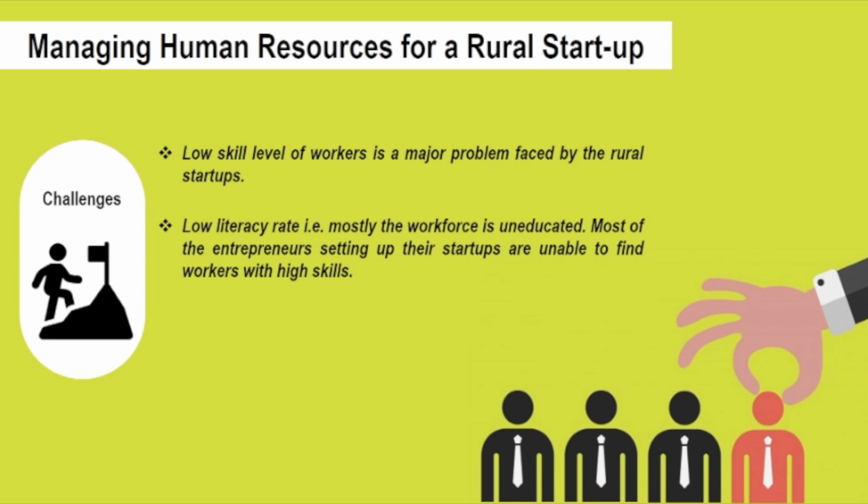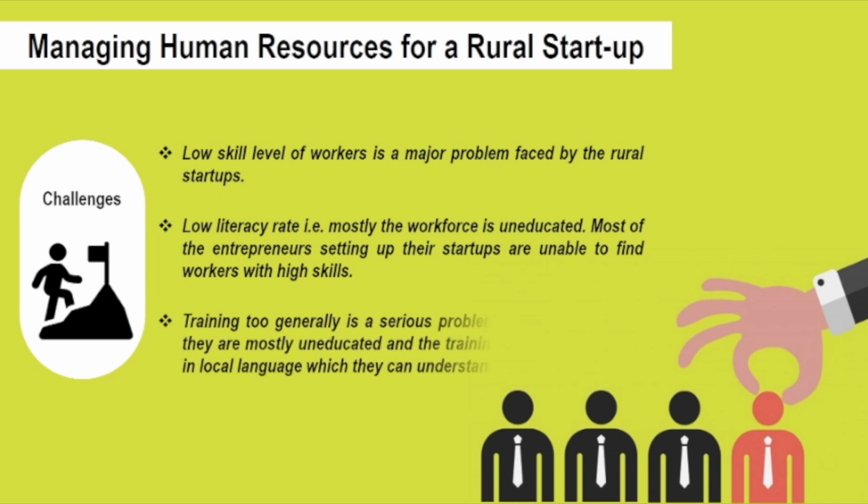Most entrepreneurs setting up their startups are unable to find workers with high skills. Training is again a problem because the workers are mostly uneducated, and the training has to be imparted in their local language only, which they can easily understand.